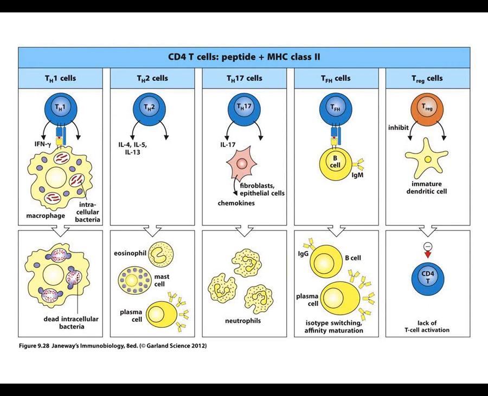And then, of course, like everything, there's always the counterbalance. And in this case, it's T regulatory cells. So some cells turn into regulatory cells, which actually downregulate the immune system. There's two types. Ones that are generated directly from the thymus.